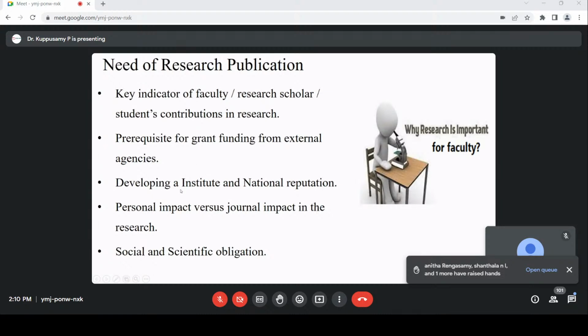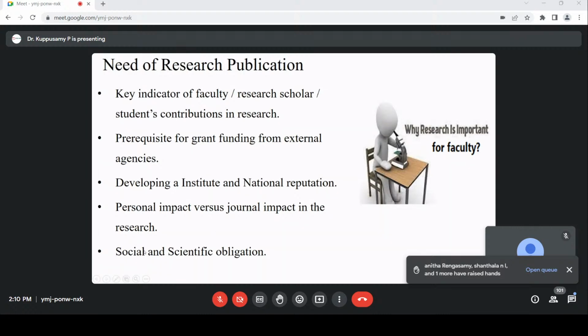If you have published a good article and it is referred to by many researchers, then it shows your working institution's reputation, and also our nation's reputation. From this we can expose our impact, I mean our knowledge, and the journal impact also comes into the scenario.